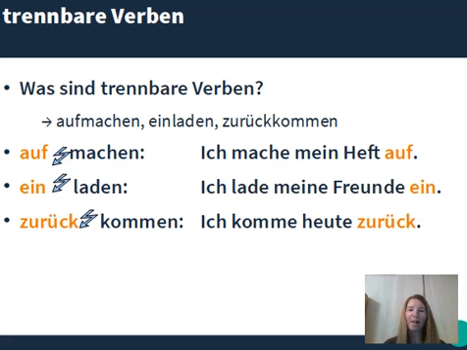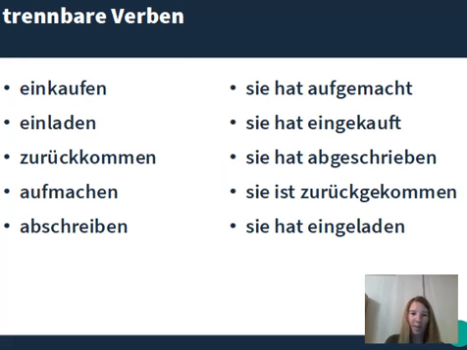Aufmachen, ich mache mein Heft auf. Einladen, ich lade meine Freunde ein. Zurückkommen, ich komme heute zurück. Okay, so the beginning of the verb, the prefix, is broken away, okay? And this is important for perfect, and you will see in a minute why.